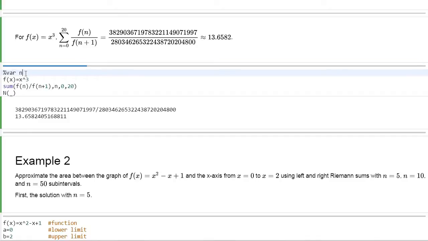So I declared the variable n, I defined the function f, and I added up f of n divided by f of n plus 1. The variable here is n. It starts at 0 and stops at 20. And here I get a very long fraction as the answer. Remember, capital N will convert to decimal. That's roughly 13.7.